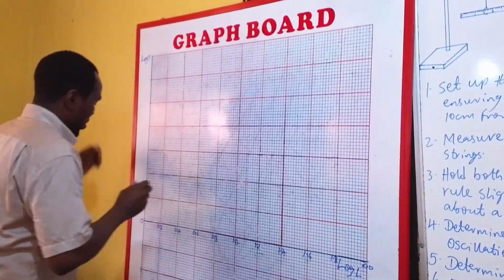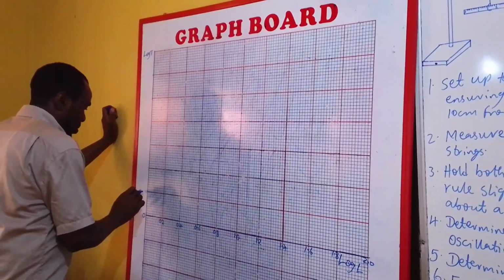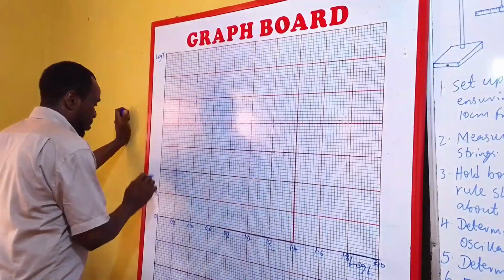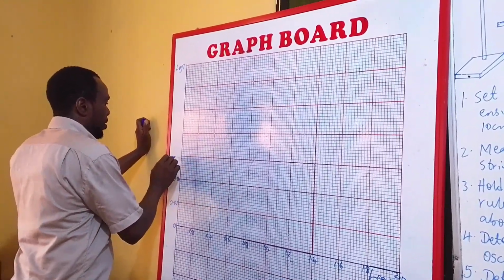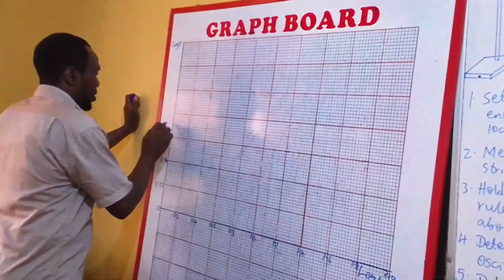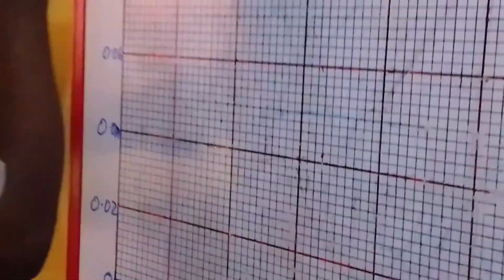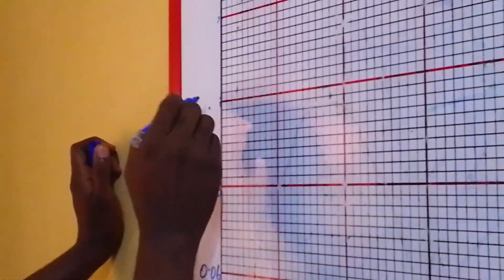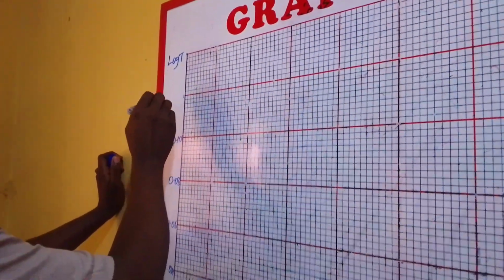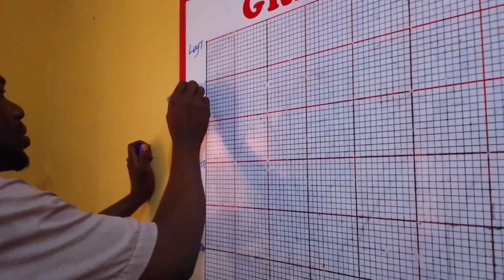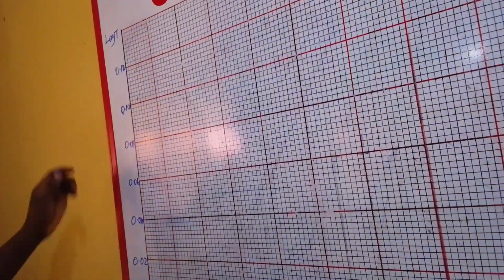So here I'm using 0.02, 0.04, 0.06, 0.08, 0.10, 0.12, then 0.14.